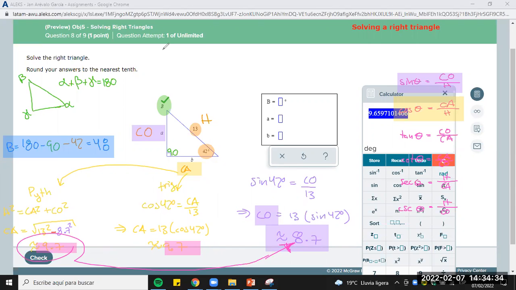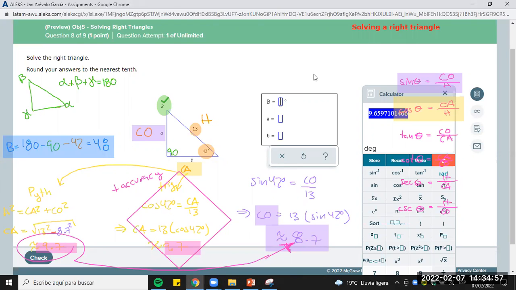So I would say that this way of doing it is more accurate. I would suggest that you do it using the trig way.